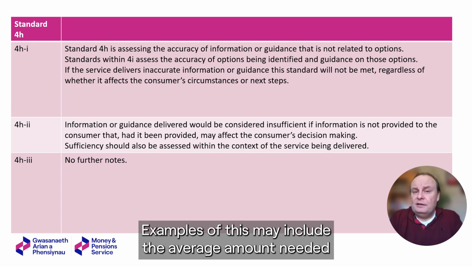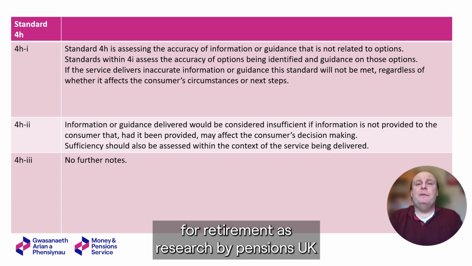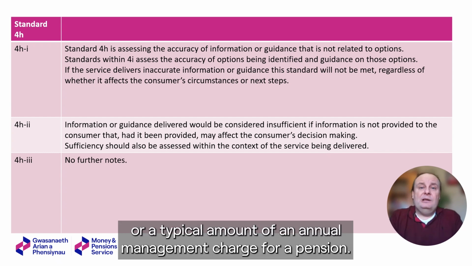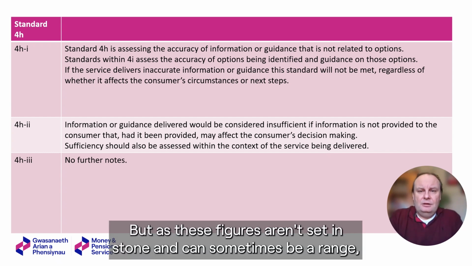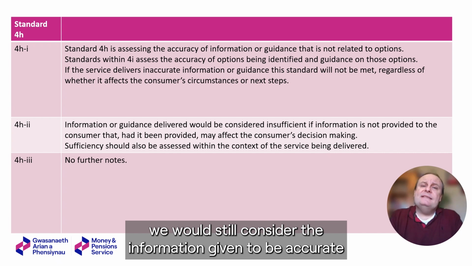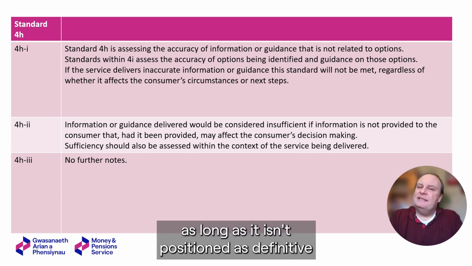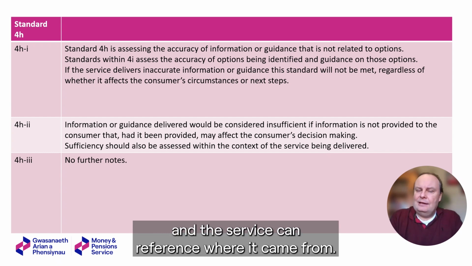Examples of this may include the average amount needed for retirement, as researched by Pensions UK, or a typical amount of an annual management charge for a pension. But as these figures aren't set in stone and can sometimes be a range, we would still consider the information given to be accurate as long as it isn't positioned as definitive and the service can reference where it came from.